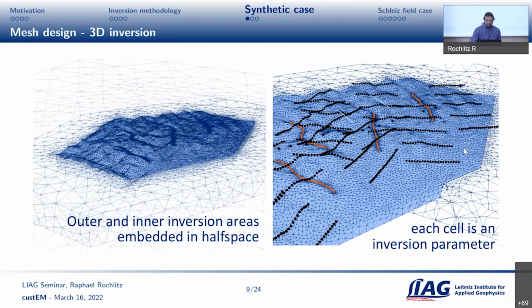And around our inner inversion mesh, we also have an outer inversion mesh, which helps to let conductivities, which are different in the inner part, fade out to a homogeneous half-space model. This needs to be applied around our inversion mesh to avoid simulation artifacts in our forward modeling.